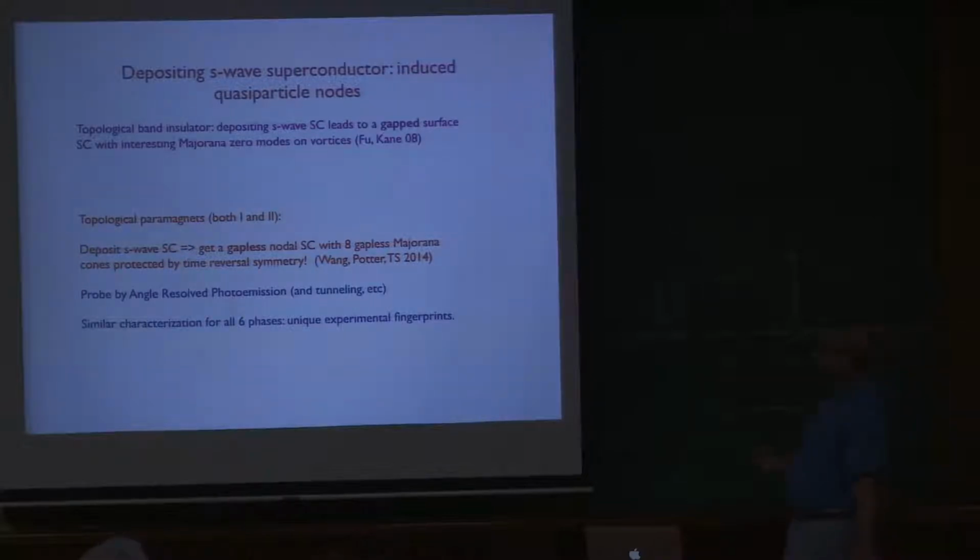But here, what you end up getting is a gapless superconductor with nodal quasiparticles, just like, for instance, in the famous high-Tc superconductors. And the number of gapless nodes here corresponds precisely to 4 Dirac cones or 8 Majorana cones, which are protected by time reversal symmetry. And that's something that a photoemission experiment can detect.